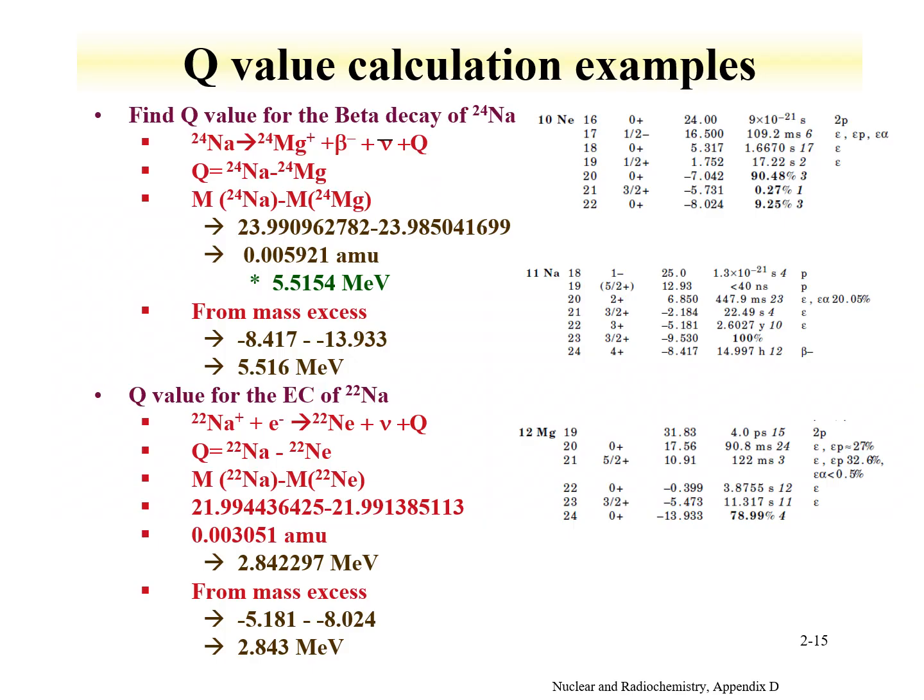So let's review what we've gone over about Q value calculations. The Q value for the beta decay of sodium-24 decaying into magnesium-24, beta particle, antineutrino. Set up, let's solve for the Q value. Remember that this daughter and the electron we can treat as together. The binding energy, if you remember, we can neglect that.